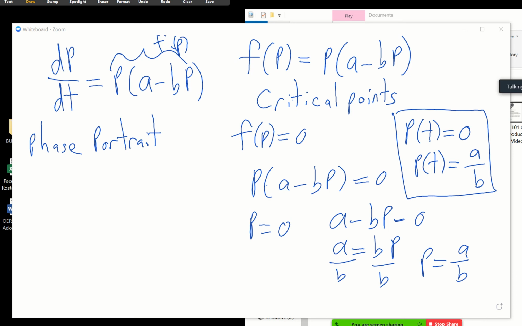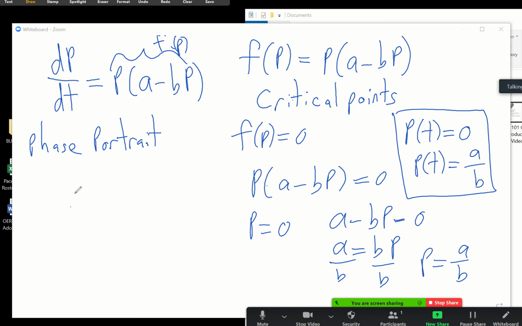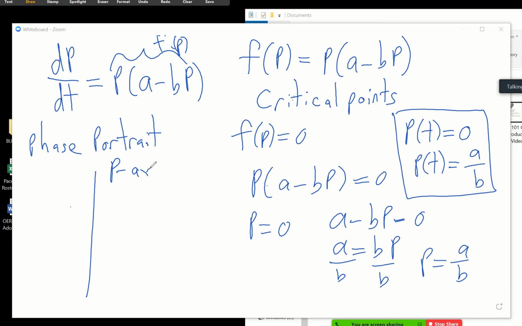The next thing we want to do is let's also create the phase portrait for this. Okay. So for the phase portrait, we're going to plot those two numbers on a vertical axis. So this is going to be the p-axis. We have 0, which is here. We have a over b, which we know is above it because a and b are both positive constants. So this is some positive fraction.